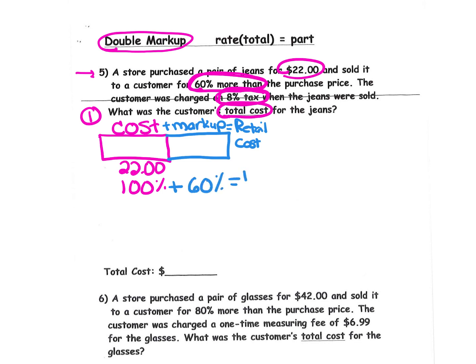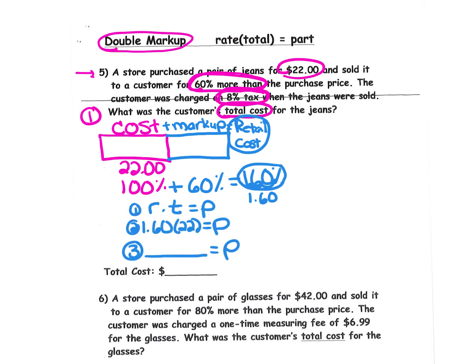So altogether, for the retail cost, it's a rate of 160%. In order to find the retail cost, we're going to use this rate in the formula, but of course, in decimal form, 1.60.